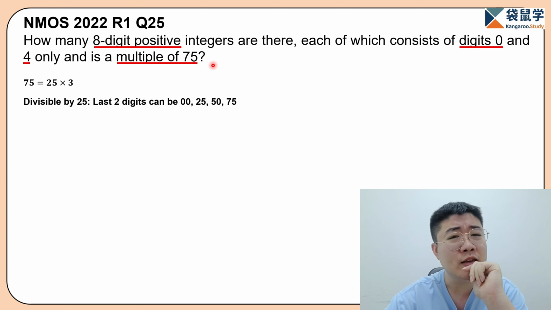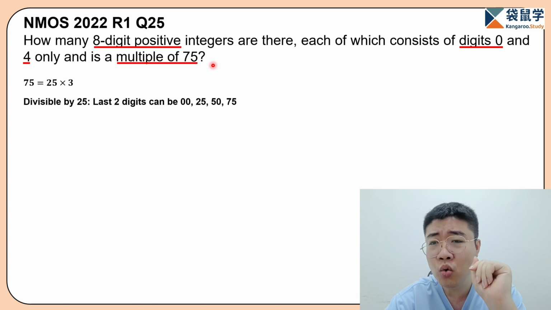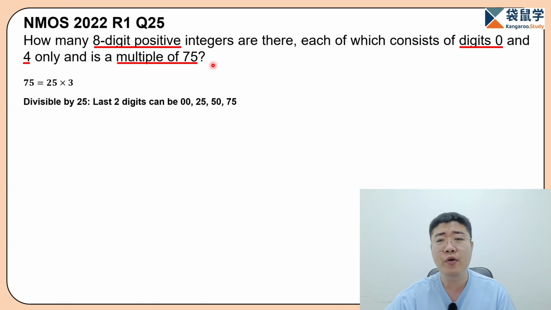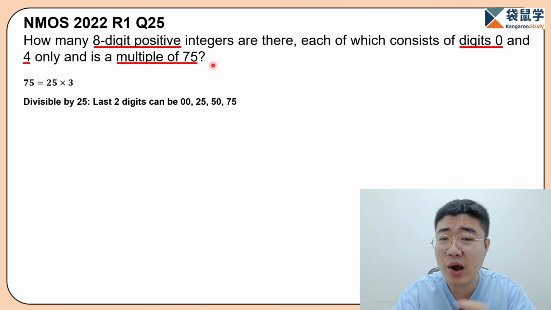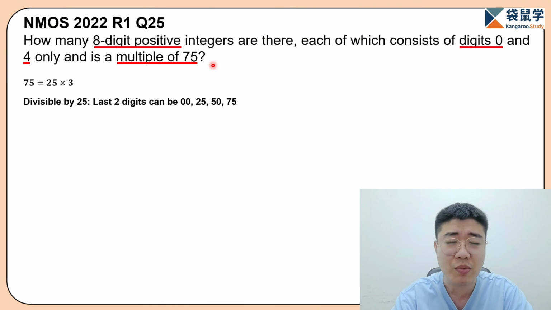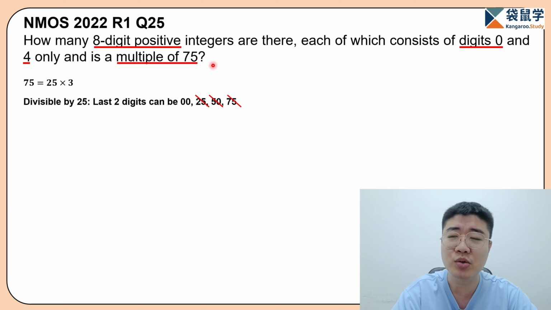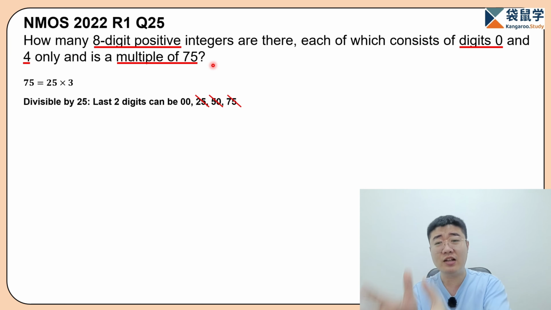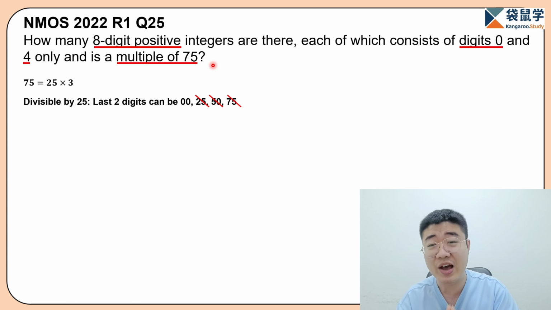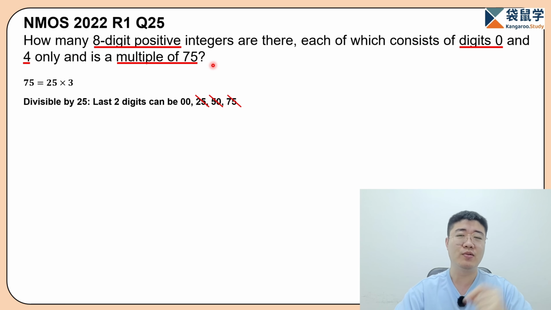But notice that in this question it says that we can only use the digits 0 and 4. So can we choose all 4 choices here? Definitely this is not the case, because we do not have the digit 2, 5, or 7. So this means that 25 cannot be used, 50 cannot be used, and 75 cannot be used. So the last two digits are already fixed. It can only be 00.